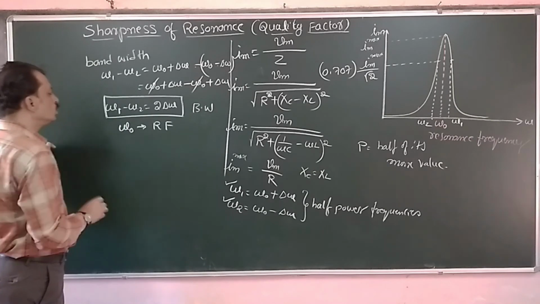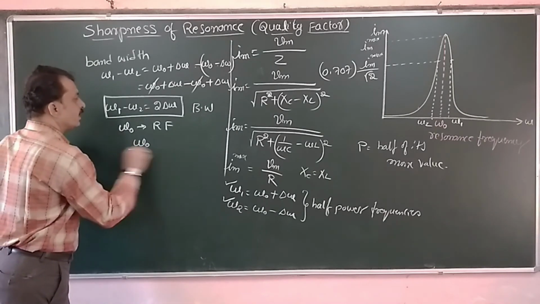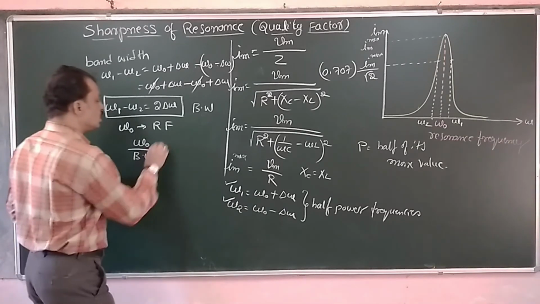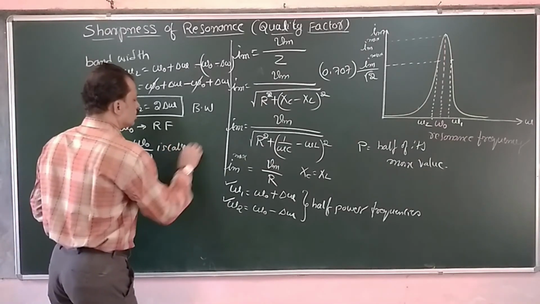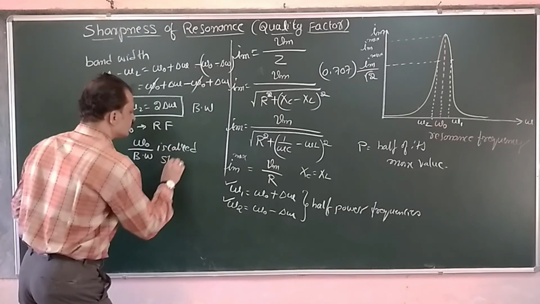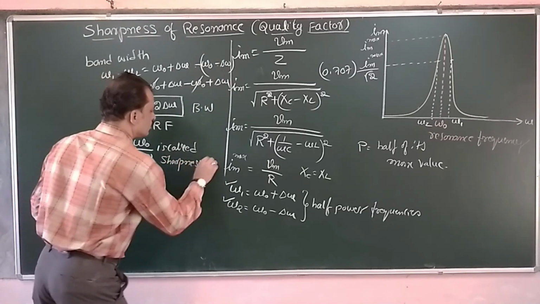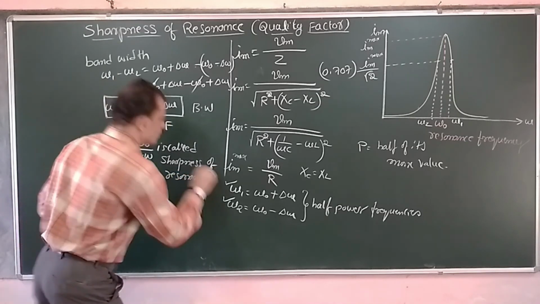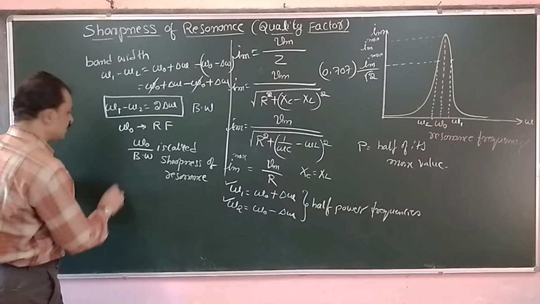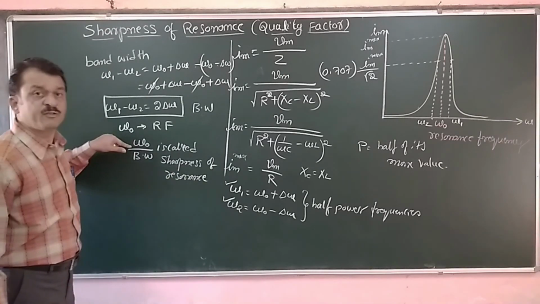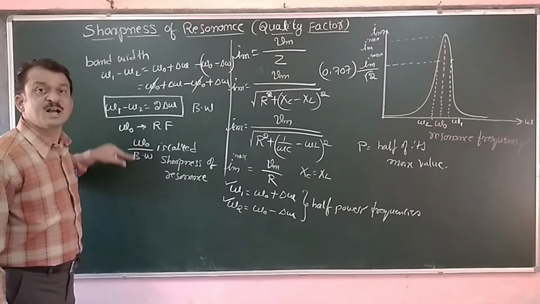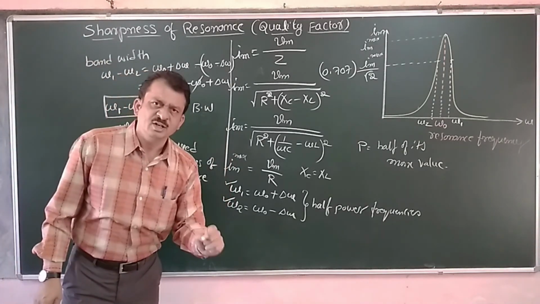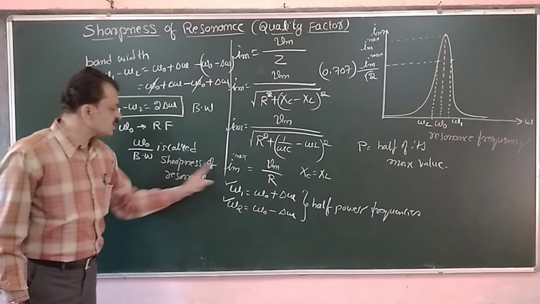The ratio of the two, omega naught divided by the bandwidth, is called sharpness of resonance. That is, the ratio of resonance frequency to the bandwidth is called sharpness of resonance.